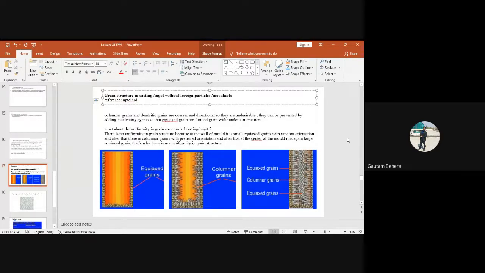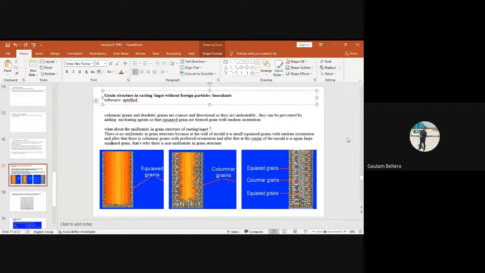Is it okay now? So equiaxed grain will form if you are adding foreign particles or if heterogeneous nucleation is happening. Basically, in the real situation, homogeneous nucleation is very difficult. It does not happen in the real situation.